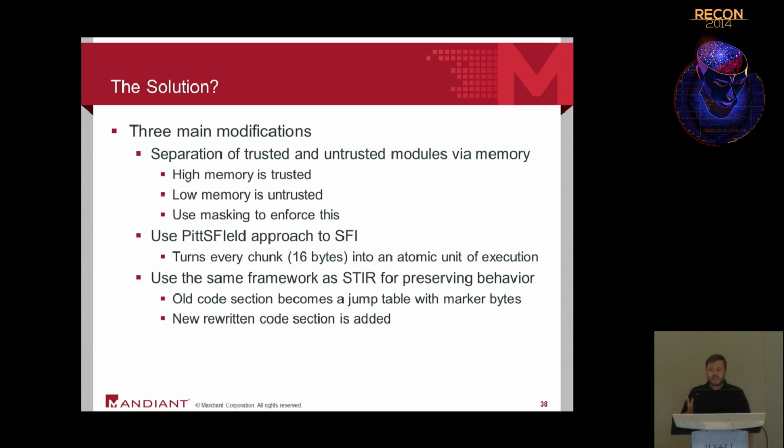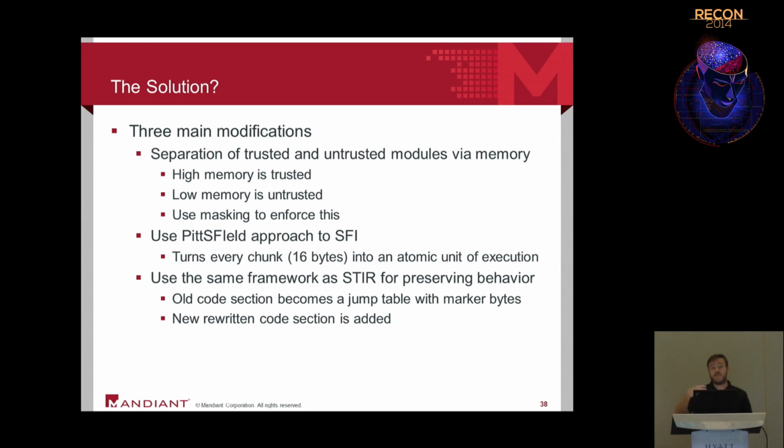So our solution involves a number of steps. First, we separate trusted and untrusted modules into high and low memory. High memory is trusted, low memory is untrusted, and then we use masking to enforce this. I'll show exactly how in a second. And then we use the Pittsfield approach in order to get software fault isolation working. How Pittsfield gets this working is they say break every group of 16 bytes into an atomic unit of execution.